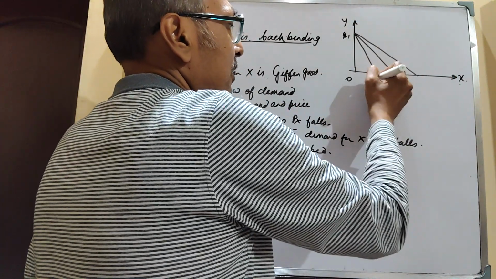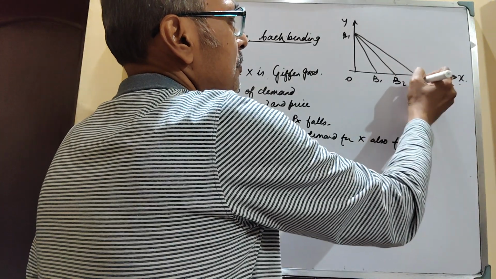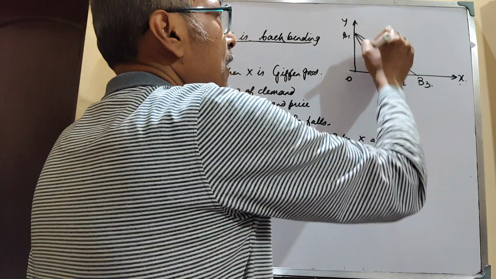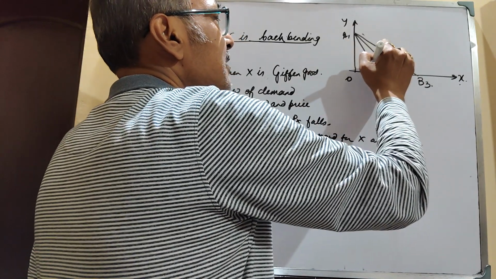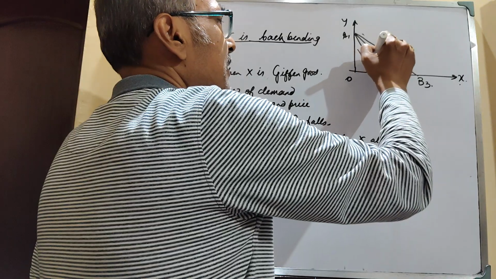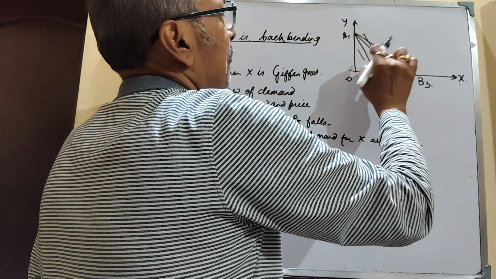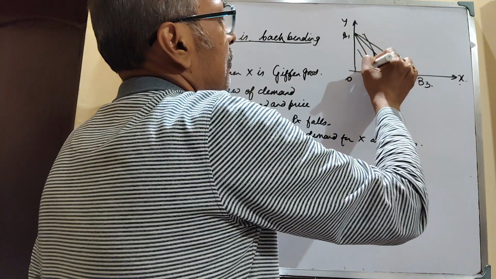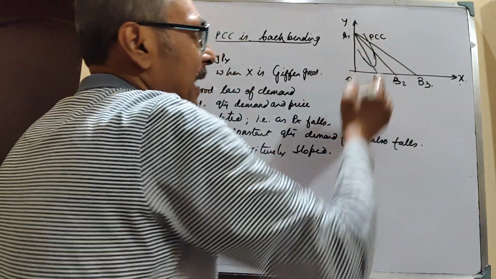This is your A1, B1, A1, B2, A1, B3. First I am drawing the PCC. It is like this. PCC, it is backward bending.